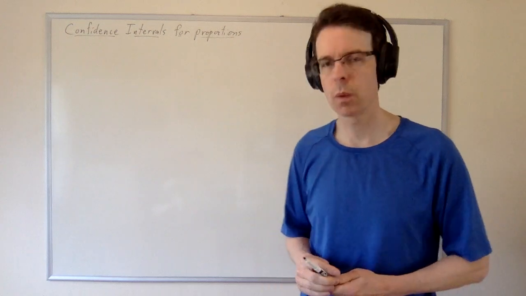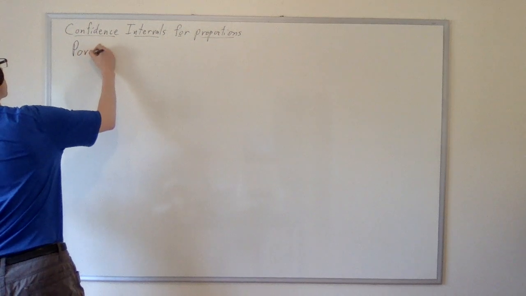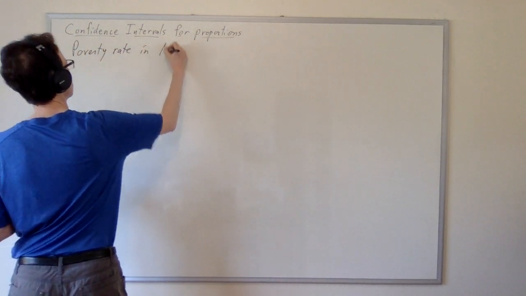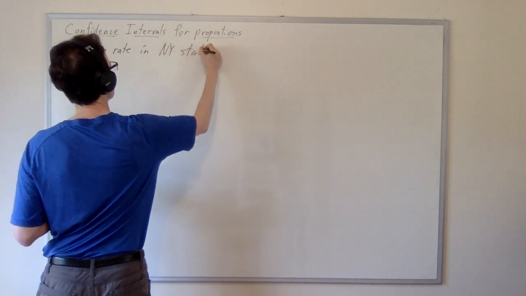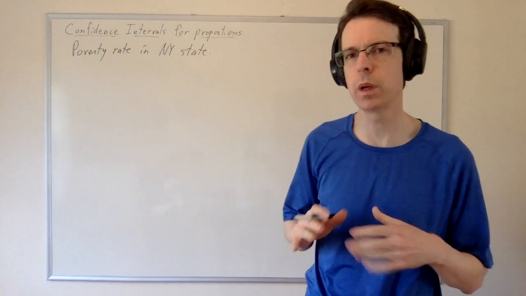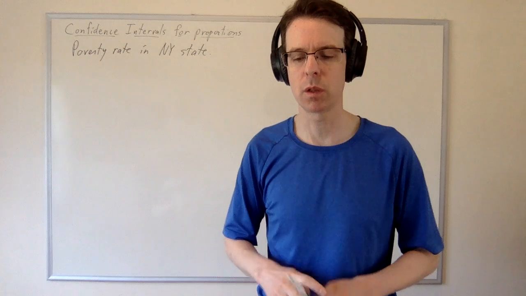So let's look at an example where we look at a poverty rate. The idea here is that we're going to look at the poverty rate in New York State. Now, this is information for which we have really good global data. We actually have really good data about the entire population of New York State.